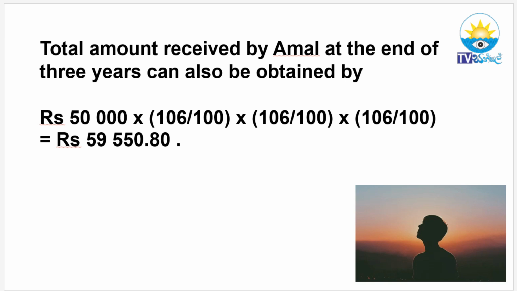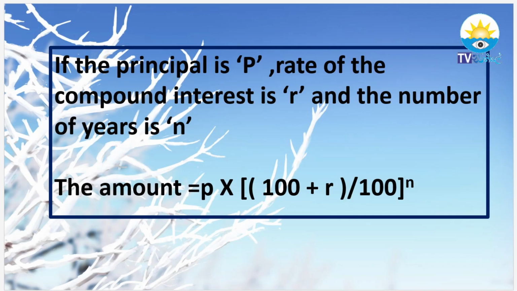According to that, if the number of years is n, you multiply that fraction and the principal n times. This is the formula you can see on your screen.